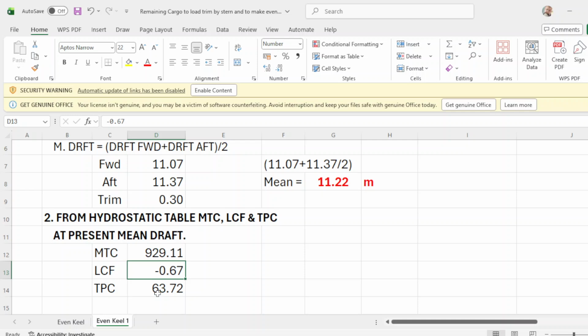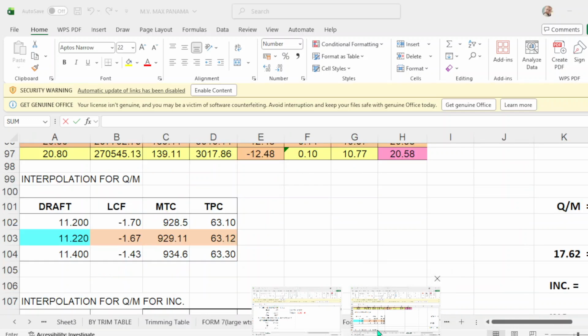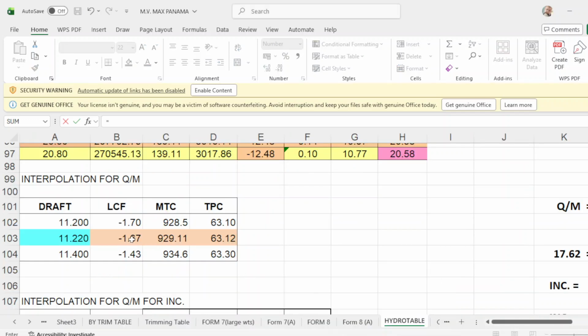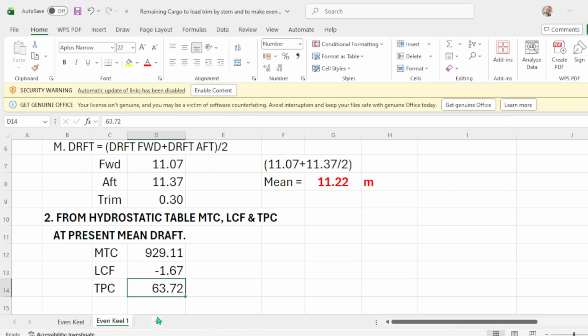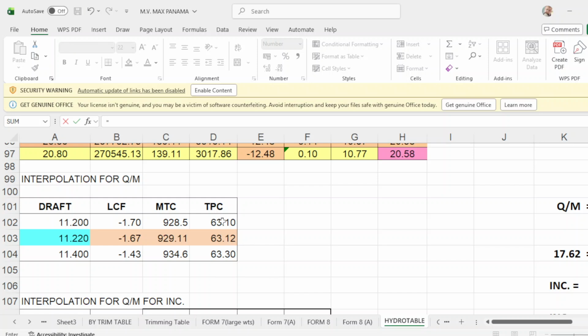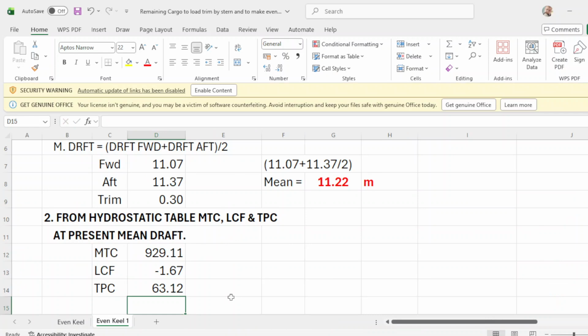Okay, your LCF is 167. Okay, 167. Okay, and your TPC should be 6312. Okay, so it's now correct.